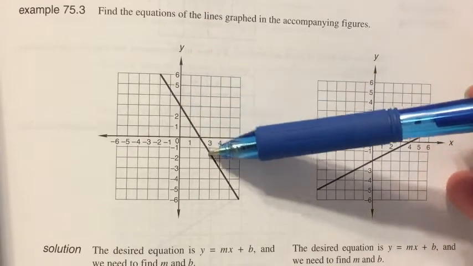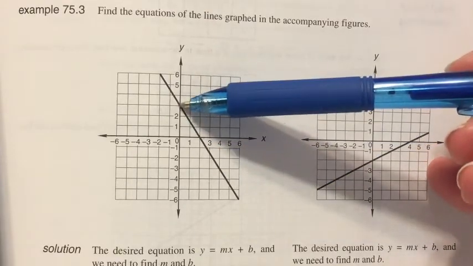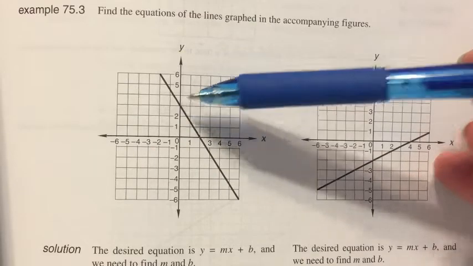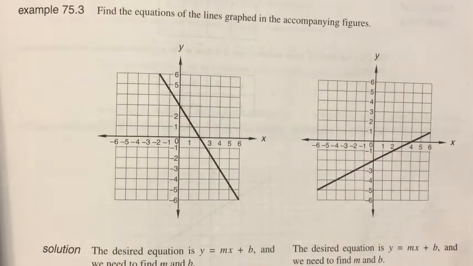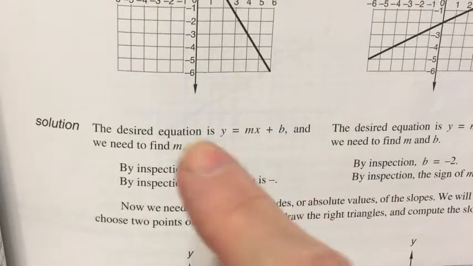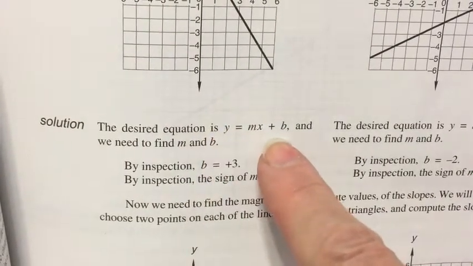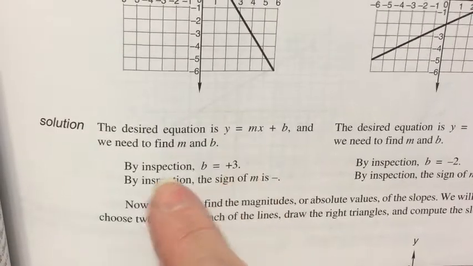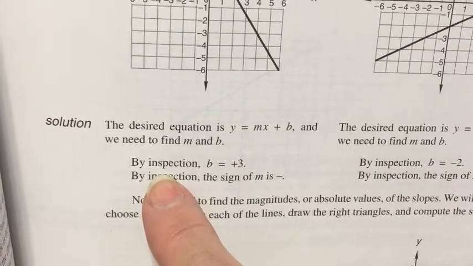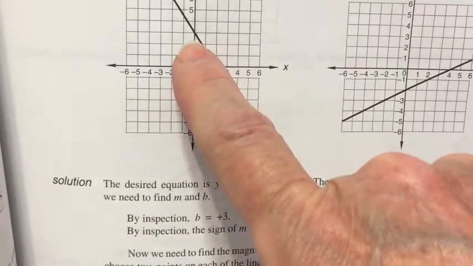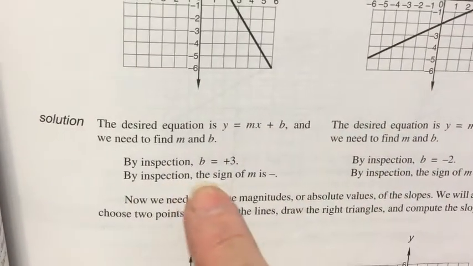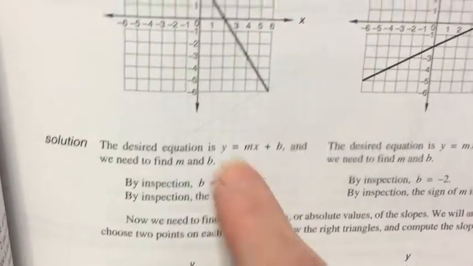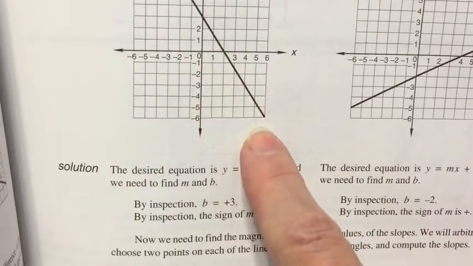My slope is negative, and my y-intercept is 3. So now, when I look below, I have this data given to me. Here's my equation. My y-intercept was 3. By inspection, I could just see that 3 was where it crossed the line. And by inspection, the sign of the slope was negative because it's going downward.